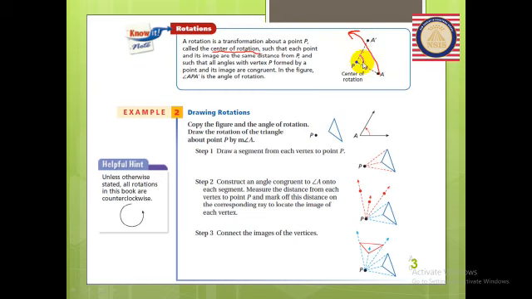So the rotation needs a center of rotation and an angle of rotation. Reflection needs what? Reflection needs a line of reflection. Very good. Translation needs what?